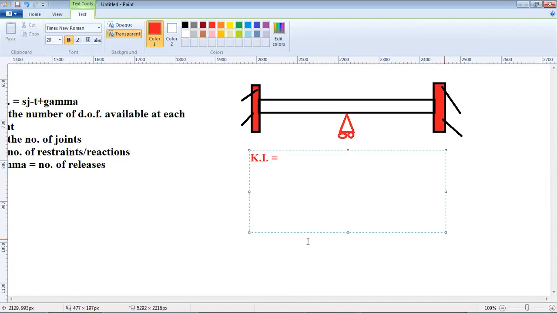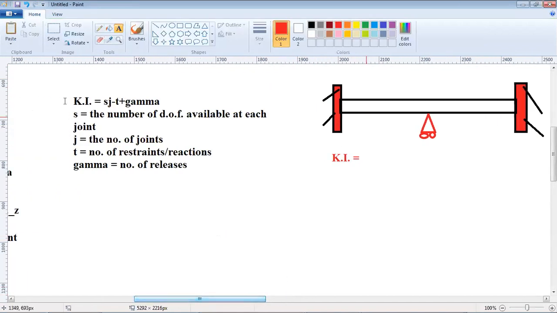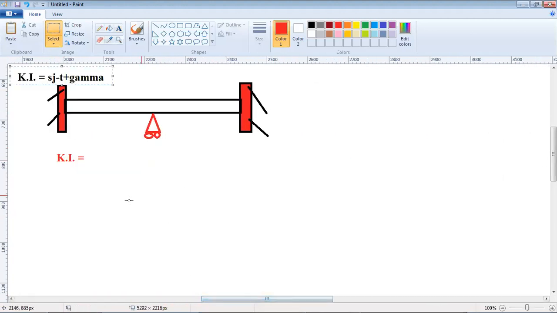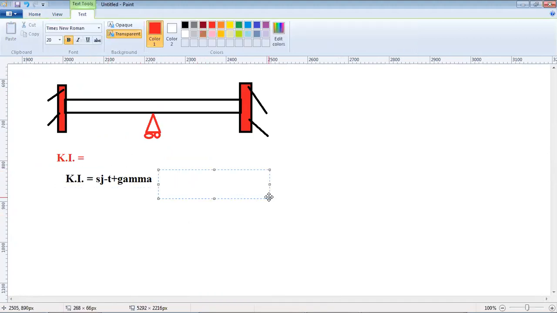As per this formula that we have just written down, what is the value of S?